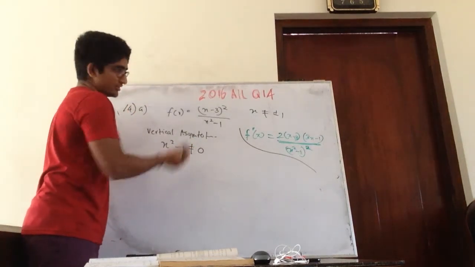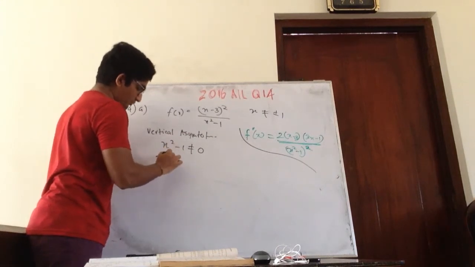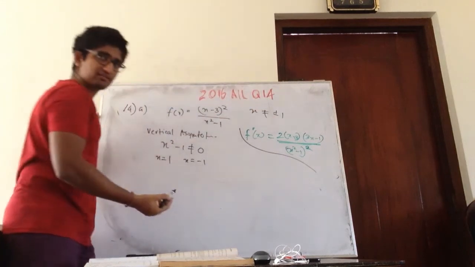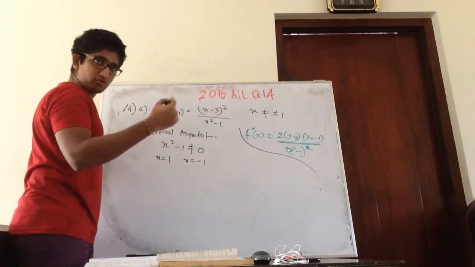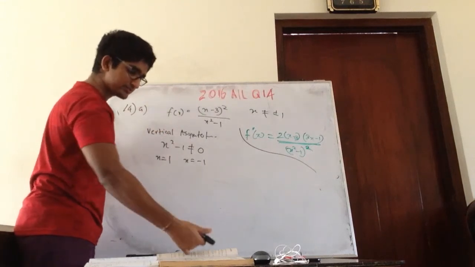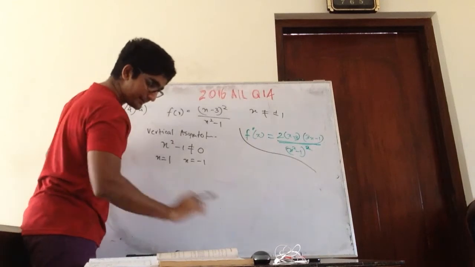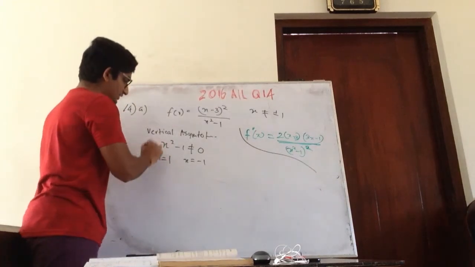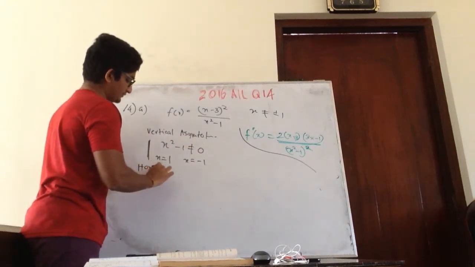So basically the vertical asymptotes are x equals 1 and x equals minus 1. So actually they have given it, right? So these are the vertical asymptotes. Now what they are asking is the asymptotes of y equals f(x). So that means these are included, and then you will find the horizontal asymptote as well.